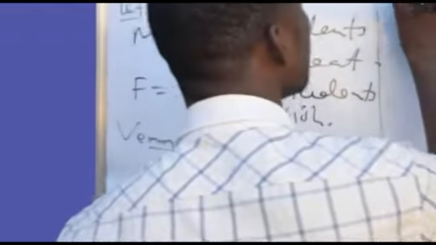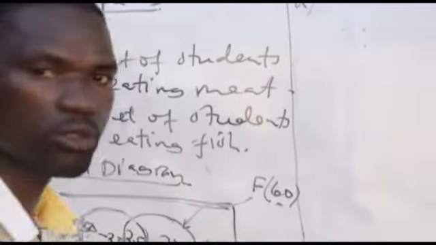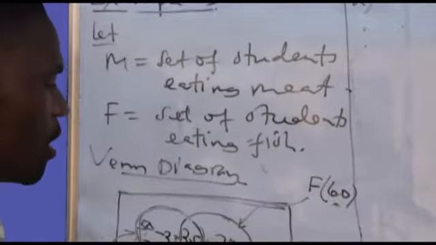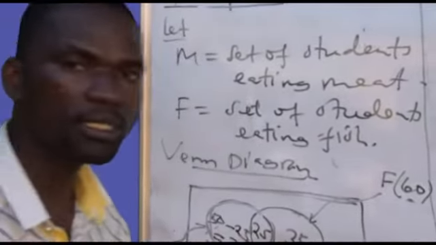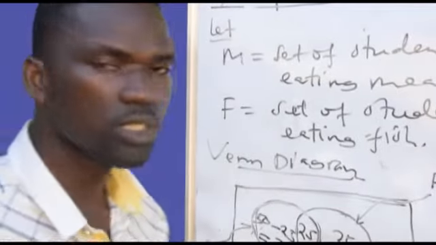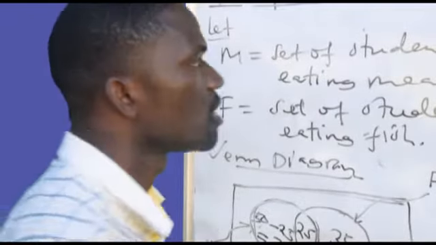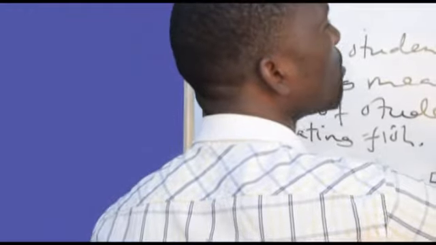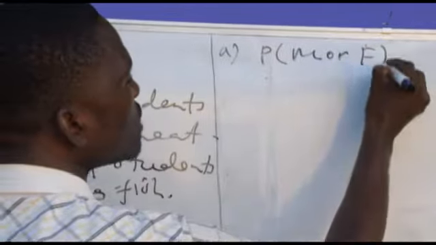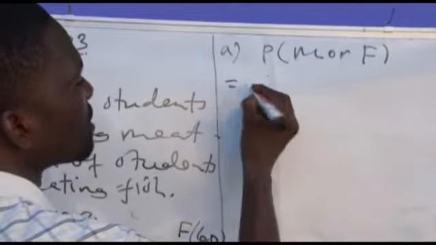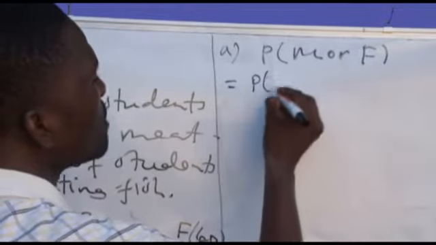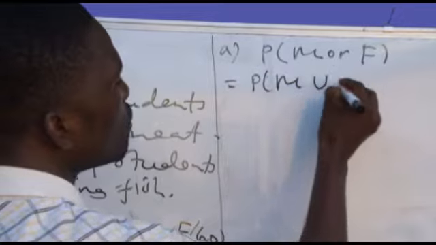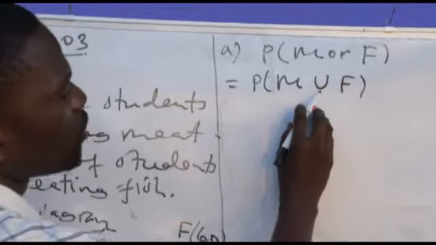And so part A, if one student is selected at random, you're asked to find the probability that a student will eat meat or fish. This represents the probability that M union F. Why union?